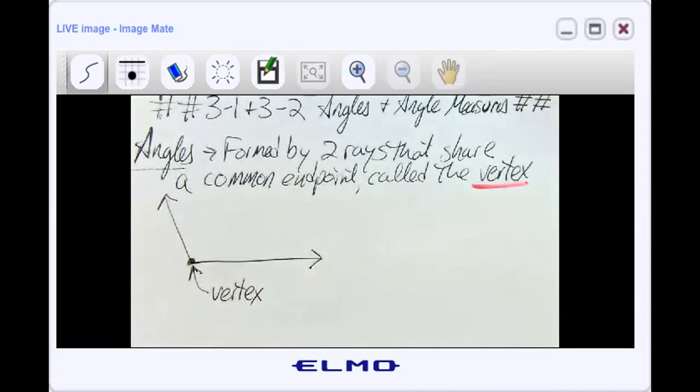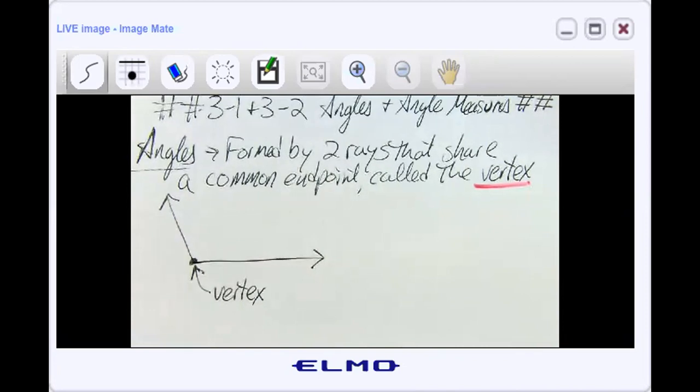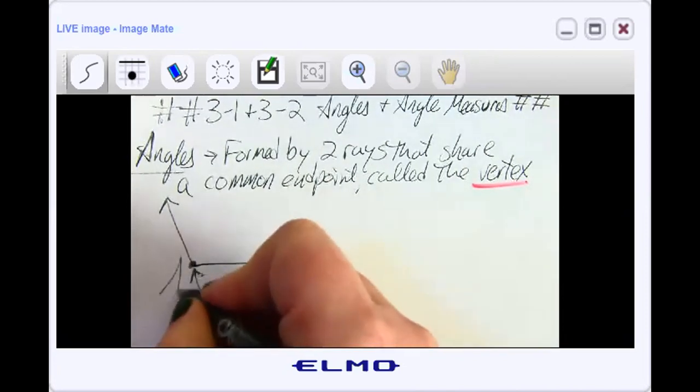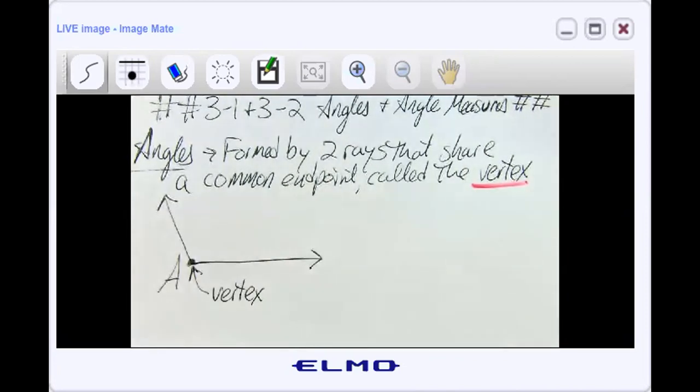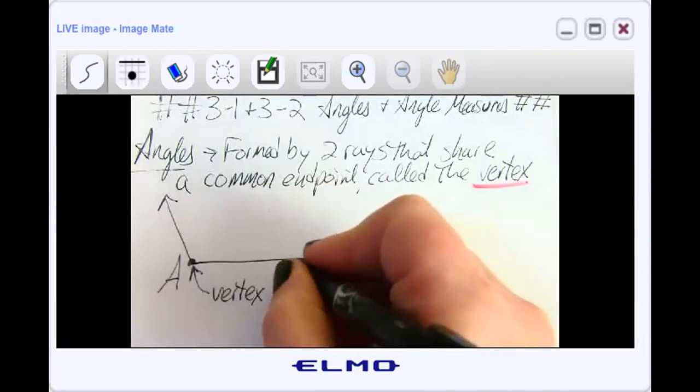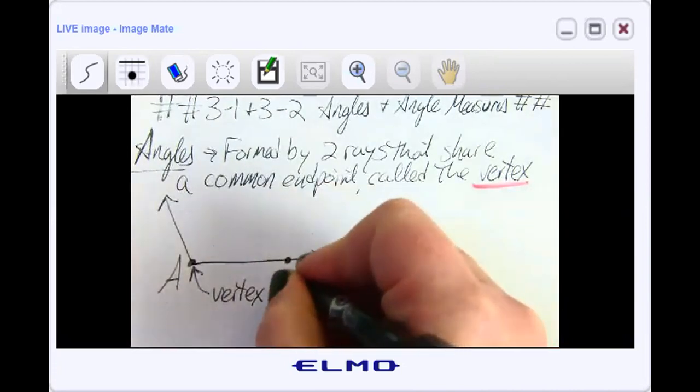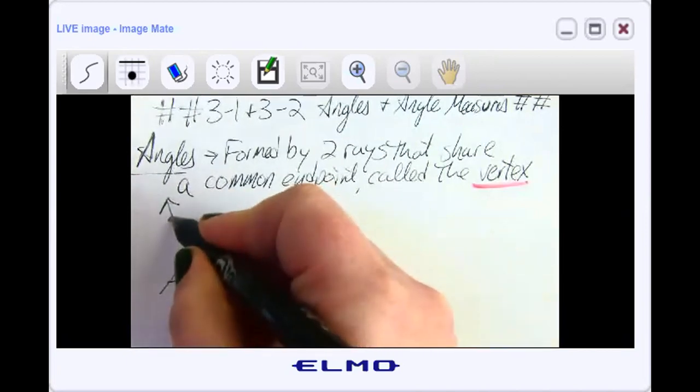And then we usually label that vertex with a letter. So I'll just label it A. And then I also usually have at least one point on each of the other rays. So maybe I have a point B here and I have a point C here.